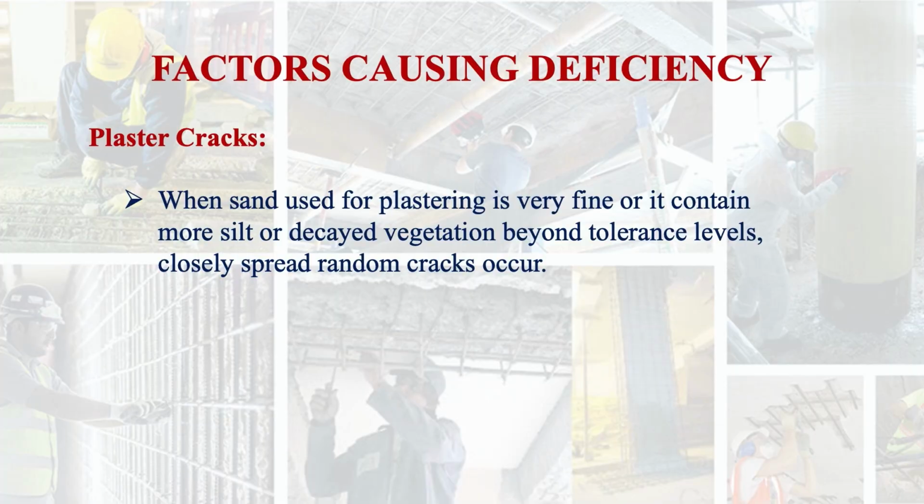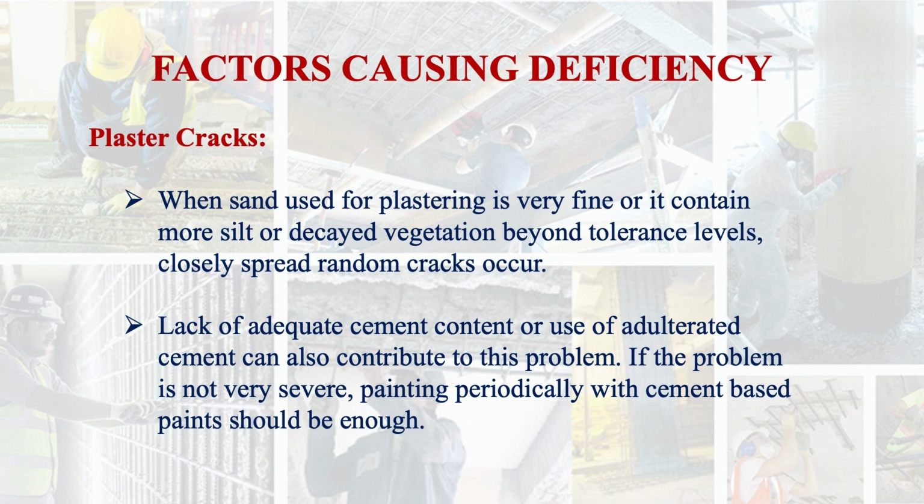When sand used for plastering is very fine, or it contains more silt or decayed vegetation beyond the tolerance level, then closely spread random cracks may occur. Lack of adequate cement content or use of adulterated cement can also contribute to this problem.